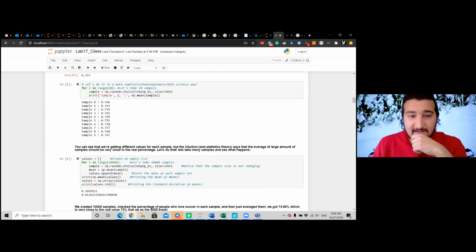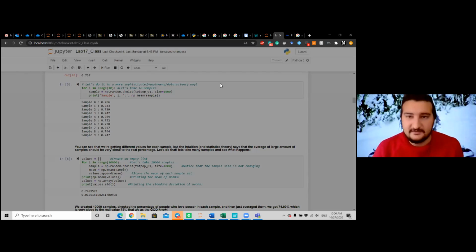You can see that we are getting different values for each sample, but the intuition says that the average of large amount of samples should be very close to the real percentage. By real percentage, we mean the population mean. So what is the meaning of that sentence? Do I have a volunteer who wants to tell me what is the meaning of that sentence?